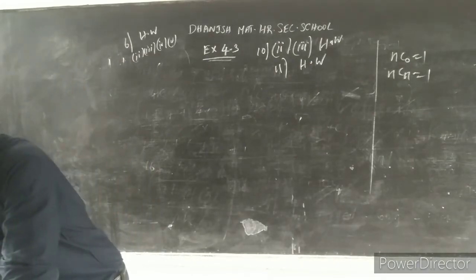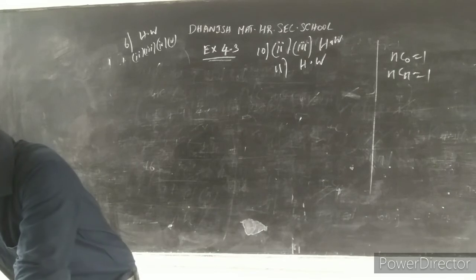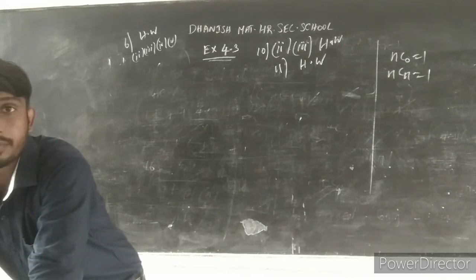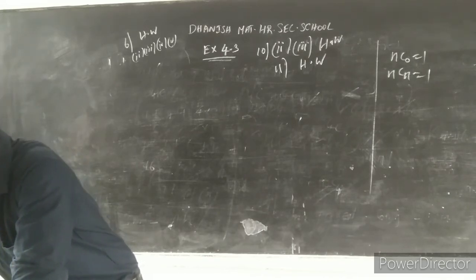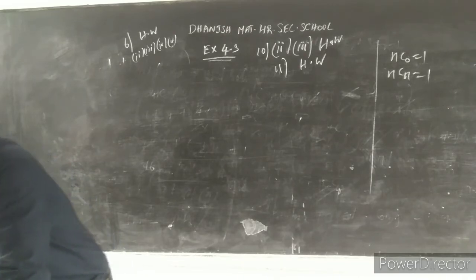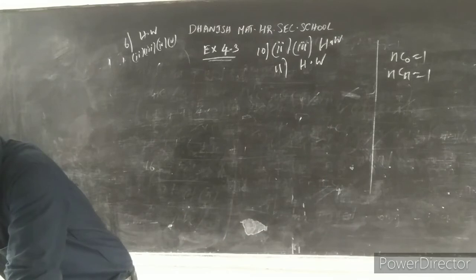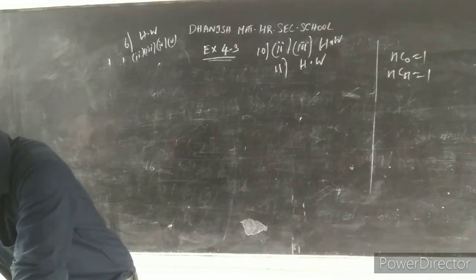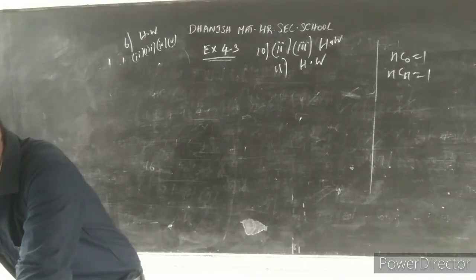How many ways can a committee of 6 persons from 10 persons be chosen along with a chairperson and a secretary? Listen carefully. The committee must have one chairperson and one secretary.